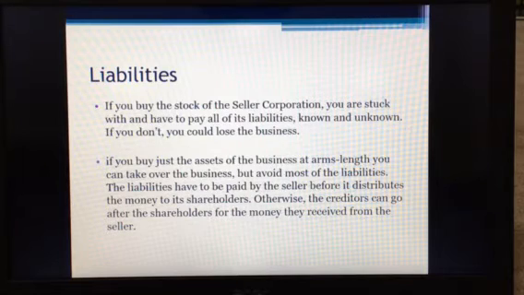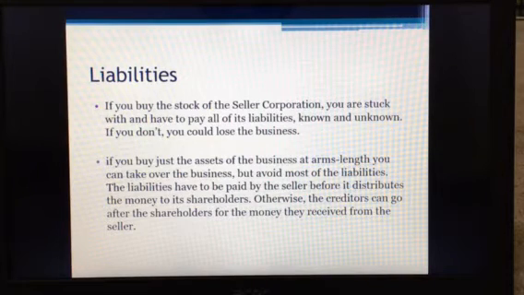If you buy just the assets of the business at arm's length, you can take over the business but avoid most of the liabilities. The liabilities have to be paid by the seller before it distributes the money to its shareholders.